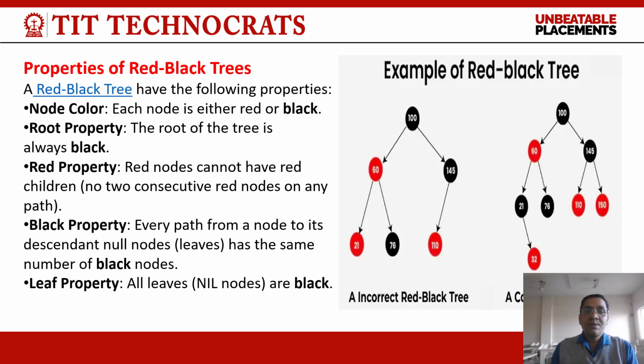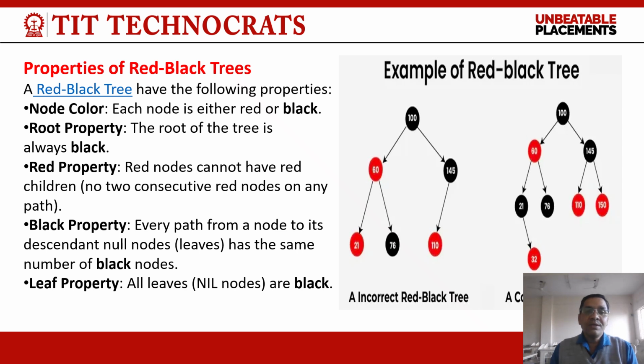These are the properties of red black trees. First property, node colors: each node may be either red or black. Root property: the root node of a red black tree is always black.